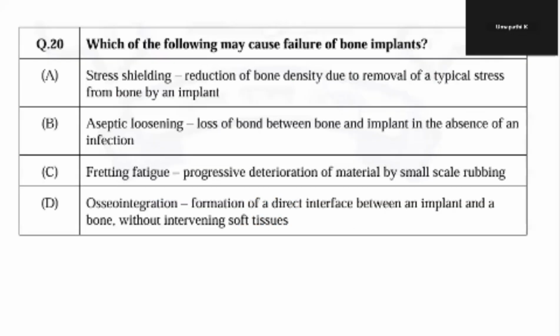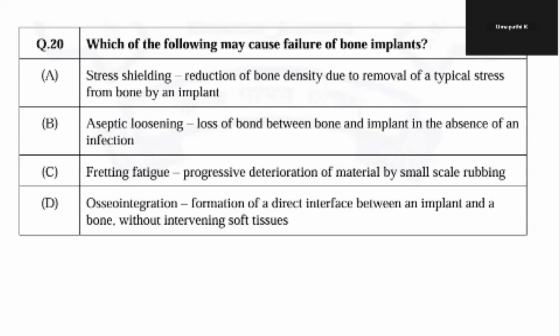Now here is the next question from GATE 2021. Which of the following may cause failure of bone implants? From these four reasons, which may cause the failure of bone implants. The first one is stress shielding, reduction of bone density due to removal of typical stress from bone by an implant.